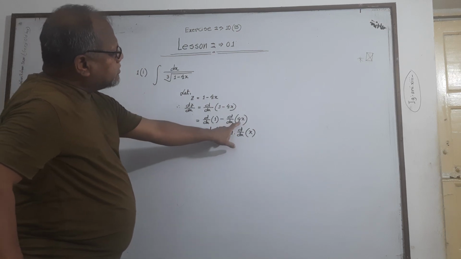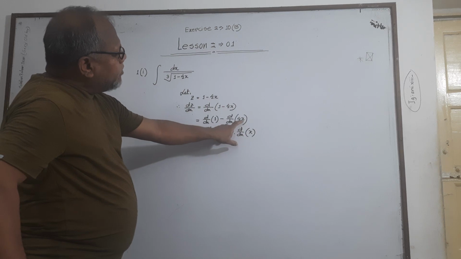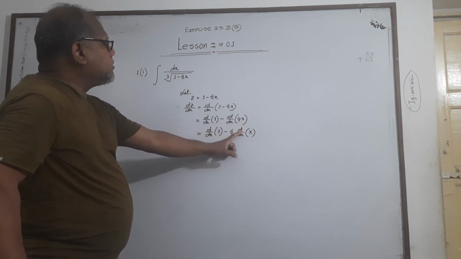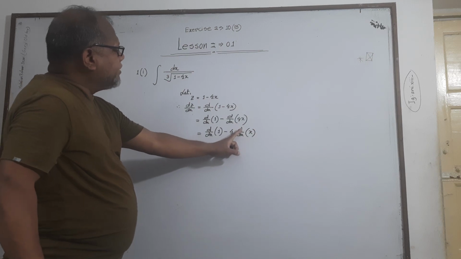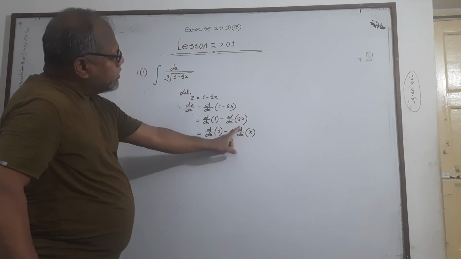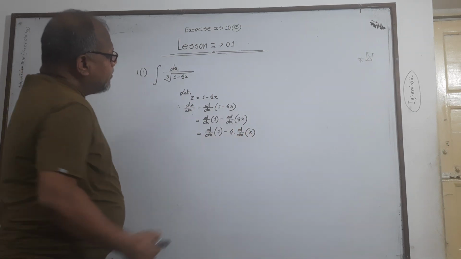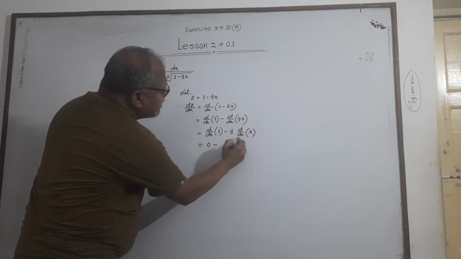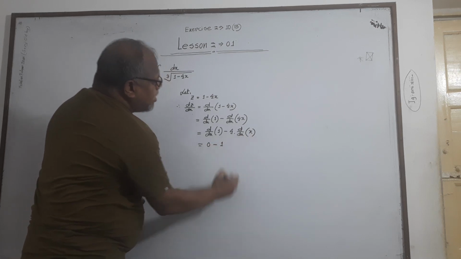And if a constant is multiplied with a variable, the constant comes out of the differentiation operator, like here 4 into d/dx of x. So d/dx of 1 is 0, minus 4 d/dx of x, and the formula is 1.